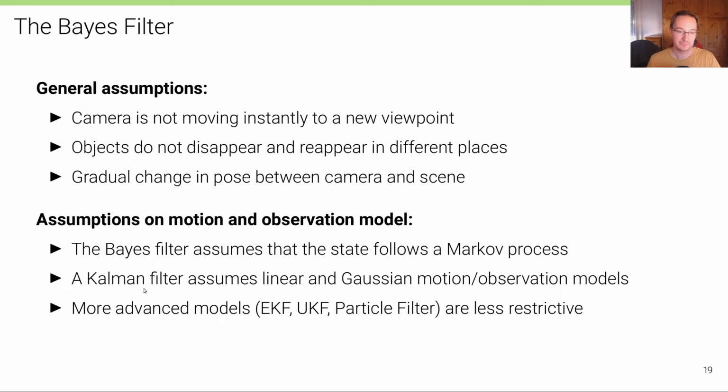A Kalman filter, which is one of the simplest continuous Bayes filters and has a closed form solution, assumes further a linear and Gaussian motion and observation model. That seems pretty restrictive, and indeed for many applications it's too restrictive, and therefore more advanced models have been developed, such as the extended Kalman filter or the unscented Kalman filter or the particle filter, which are less restrictive.